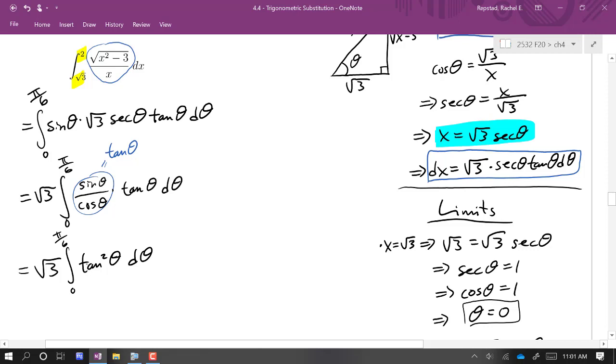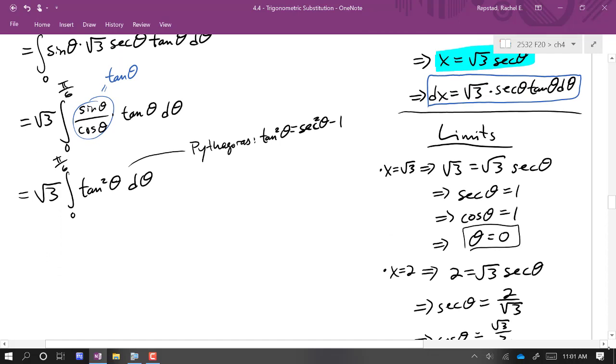So Pythagoras tells us that tan squared theta is secant squared theta minus 1. We derived that probably a few times in the last section, so you can go back and review that if you need to, just using that fundamental Pythagorean identity of sine squared plus cosine squared equals 1. We can rewrite this integral in that way.